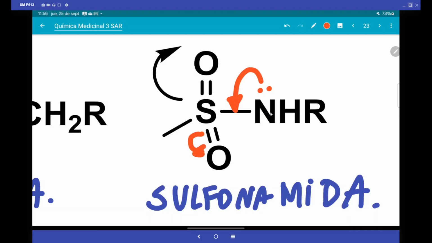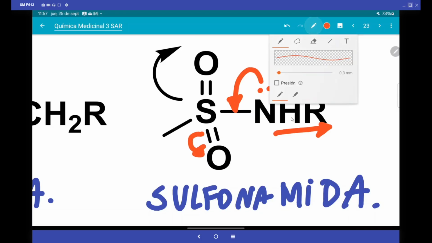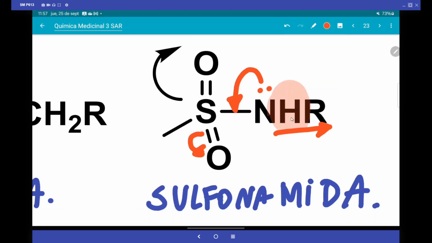In fact, sulfonamides, when the group R is an electron attractor, lose this proton. It can be isosteric of what group that delivers proton? Of a carboxylic acid. Exactly, it would be isosteric of carboxylic acid, with an electron attractor that at least makes the pKa of that proton come to be close to 5.